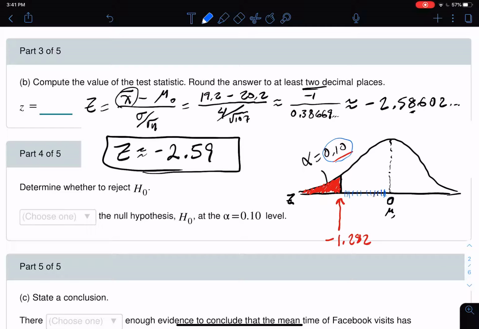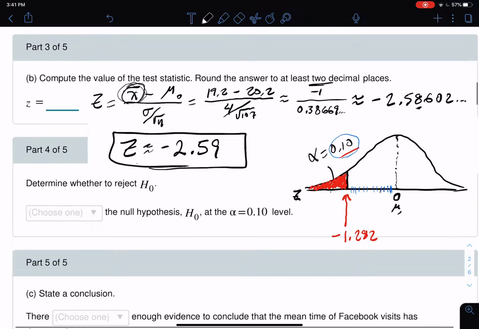Now, let's take a look. What was the actual test statistic? What's the actual number? Remember what we did. We took our sample mean and we turned it into a z-score, and where did it land? It landed even further away from my mean, which makes me very suspicious.